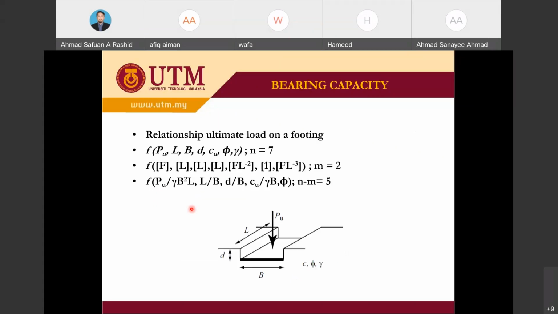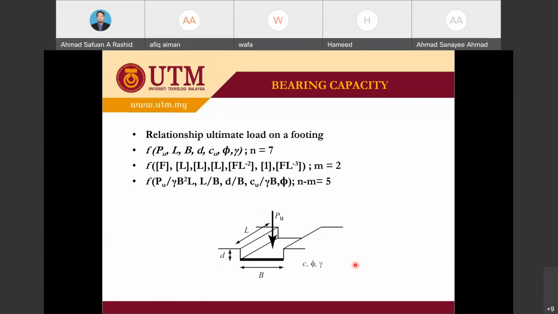The next is the relationship of the ultimate load on a footing, which is based on the bearing capacity value. Here PU is the output, which is the ultimate load. Then we have L, which is the length of the soil, D is the depth of the soil, and B is the width of the footing.